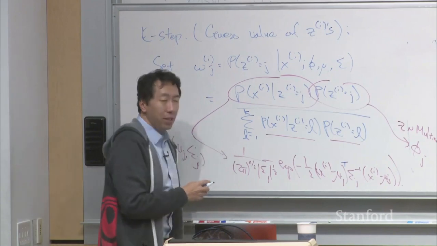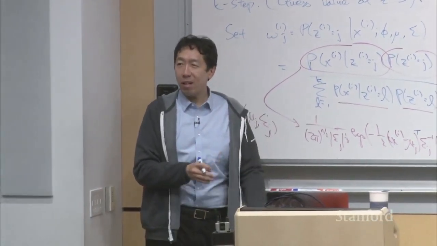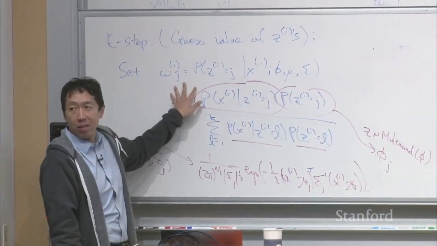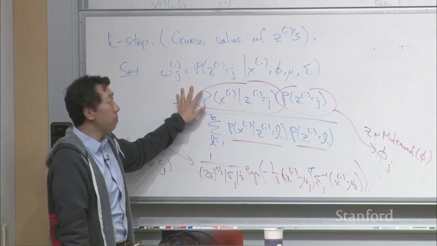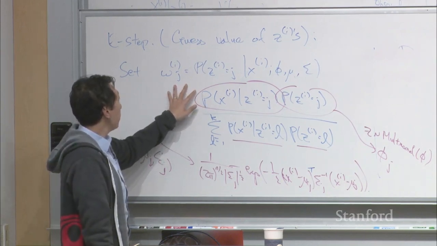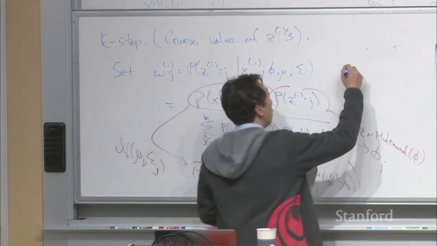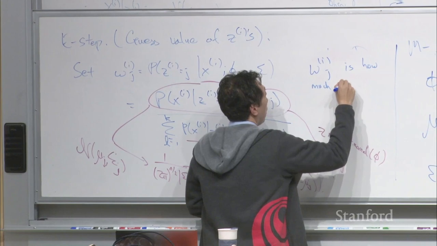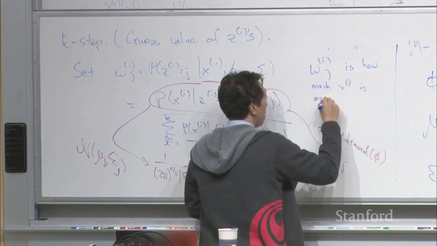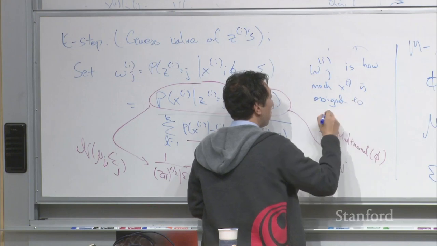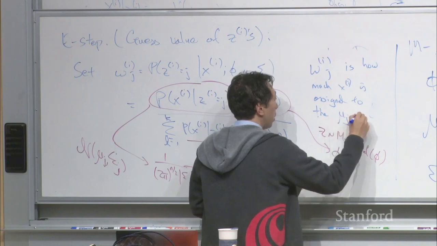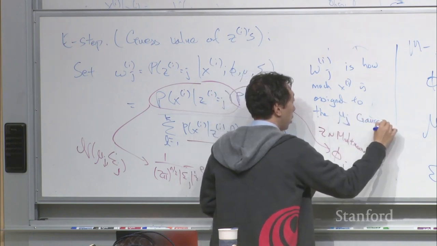Yeah. Maybe it'll help to not think of them as weights. I think this is actually the weighting you assign to a certain Gaussian, so that's one intuition, hence the weights. But let me think, what's a good way to explain this? So one way to think of this is that Wij is how much xi is assigned to the mu j Gaussian.